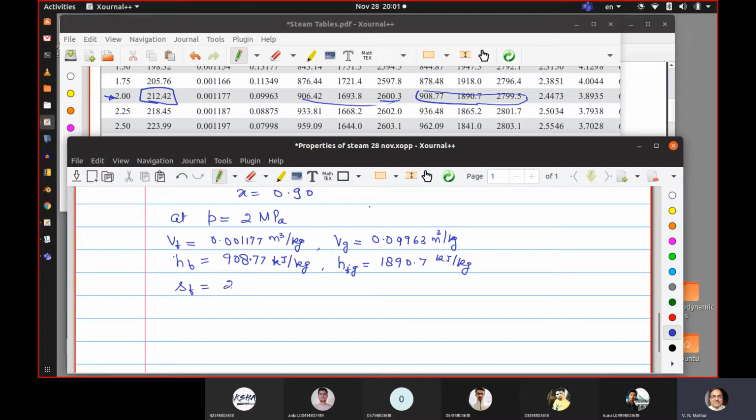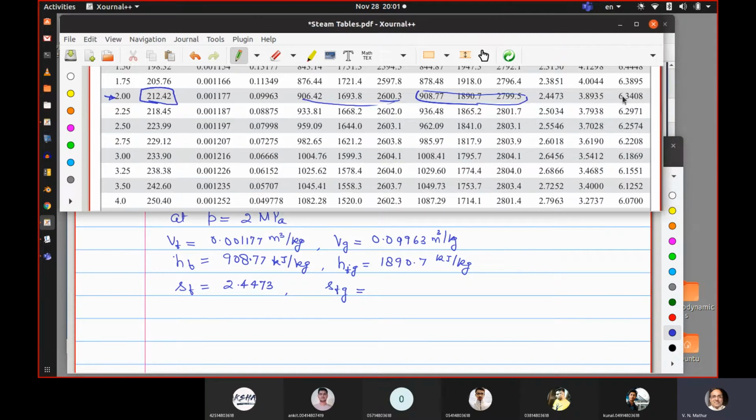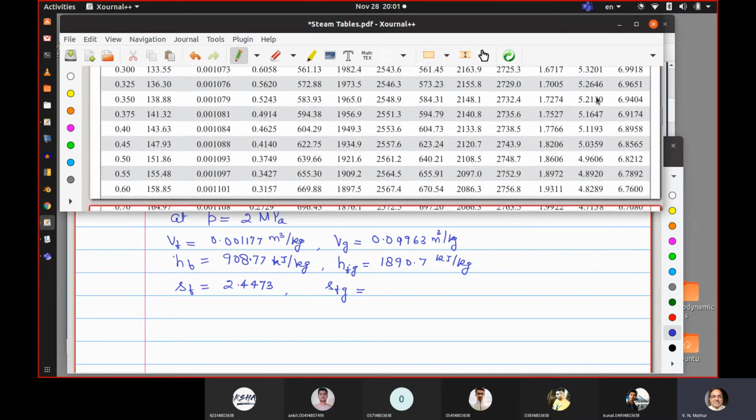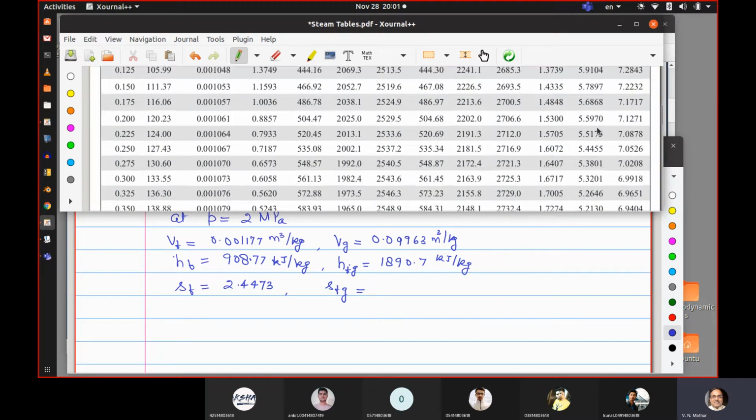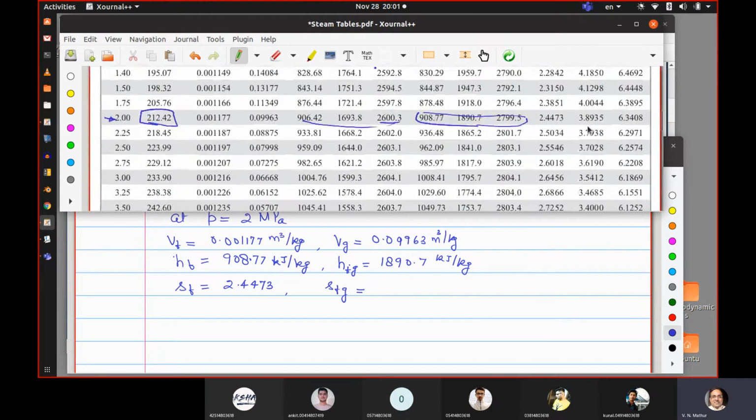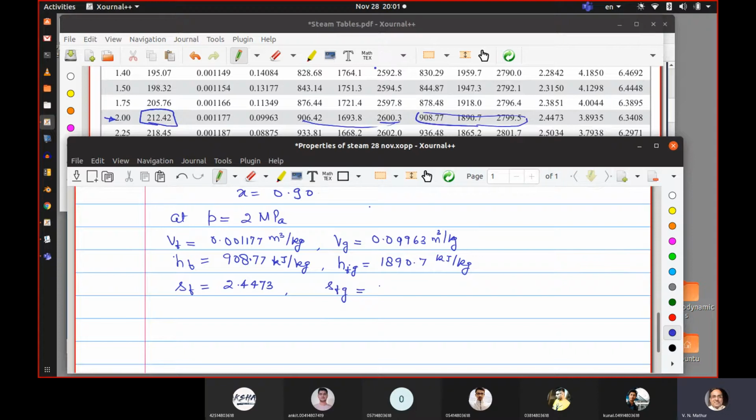SF is equal to 2.4473, and SFG is equal to 3.8935 kilojoule per kg Kelvin.